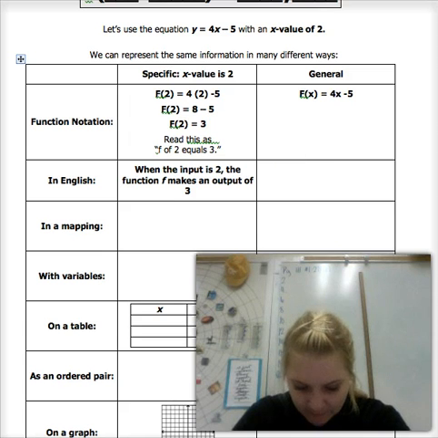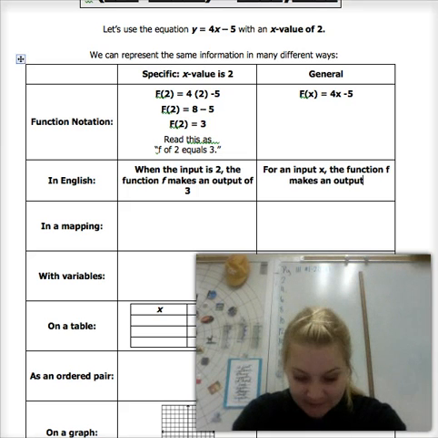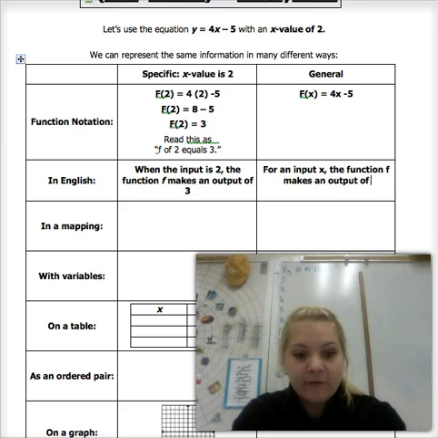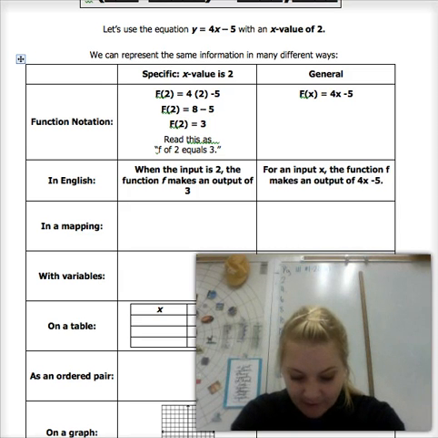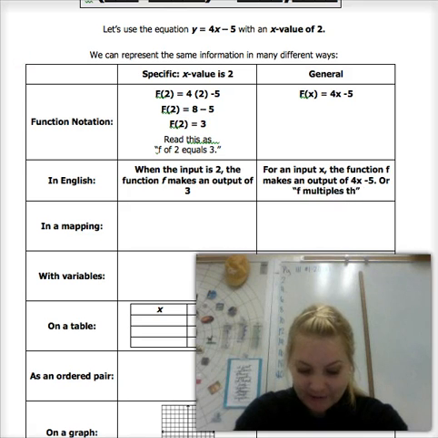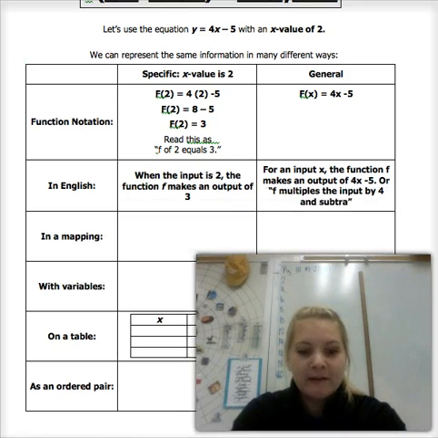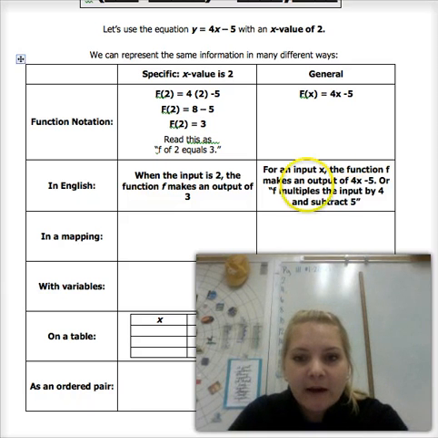All right, so in general, we would say for an input x, the function f makes an output of 4x minus 5, or f multiplies the input by 4 and subtracts 5.